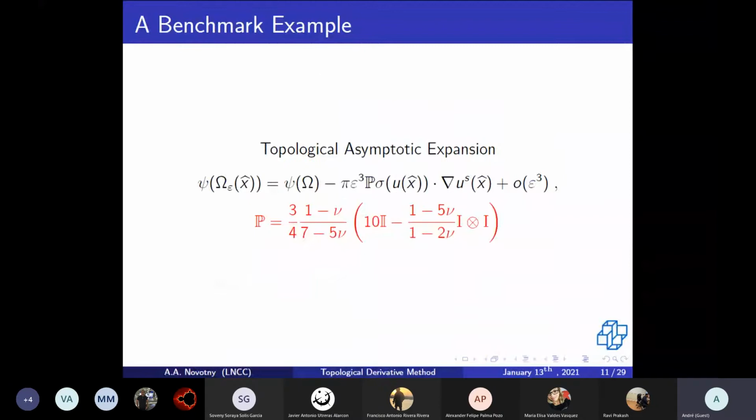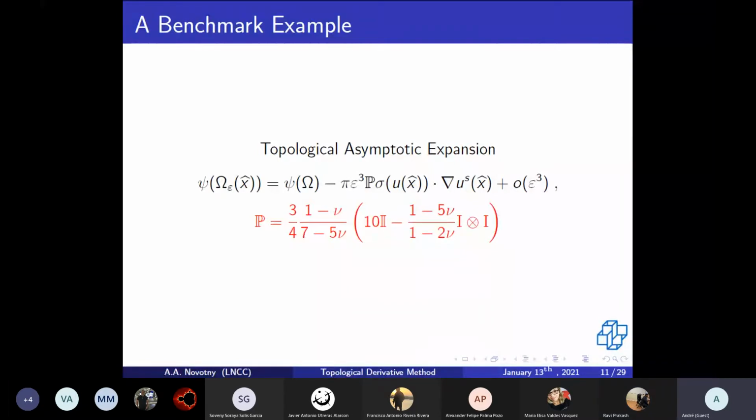So if we compute the expansion of the energy with respect to epsilon, we get this expression where we can approximate the shape function defined in the perturbed domain by the shape function defined in the unperturbed domain plus this first order correction where, after using tools from asymptotic analysis, we can separate the dependence with respect to the small parameter epsilon, which is the radius of the perturbation here, and some quantity which does not depend on epsilon, which is evaluated on the original domain omega.